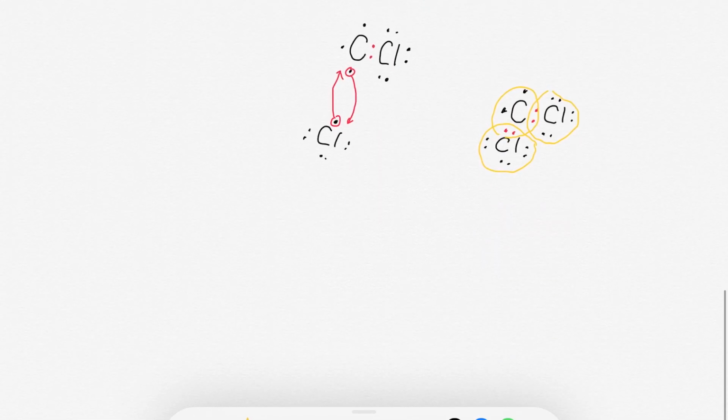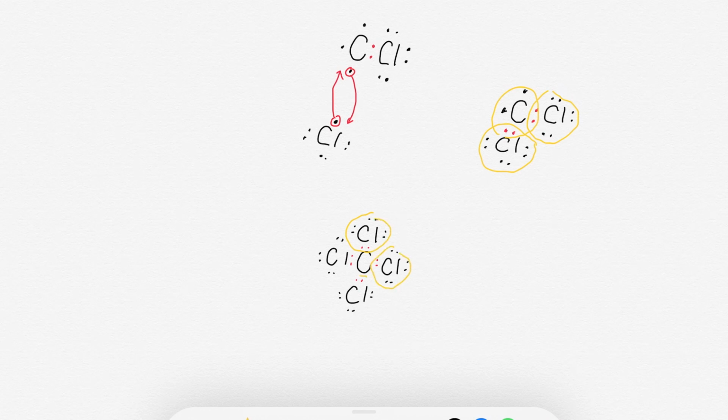Well, this pattern is going to continue until carbon has its 8. So at this point, hopefully you can see that every single person in this diagram has 8 valence electrons. This chlorine has 8, and that guy has 8, and this one 8. This one has 8, and of course carbon now has 8 valence electrons.